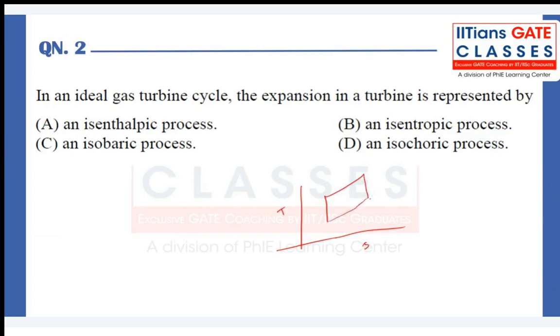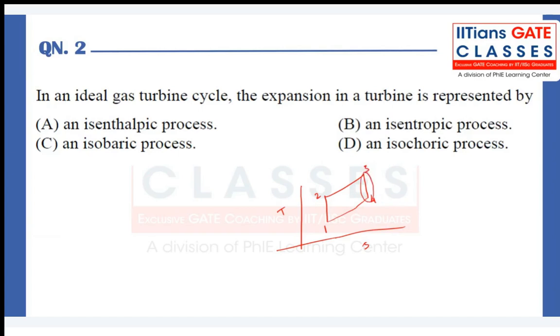The last process is not exactly important for us; it is not a closed cycle, it's an open-ended Brayton cycle. State 1 to 2 is compression, 2 to 3 is combustion, 3 to 4 is expansion. So expansion occurs in an isentropic manner.